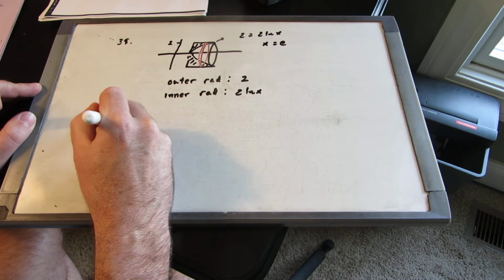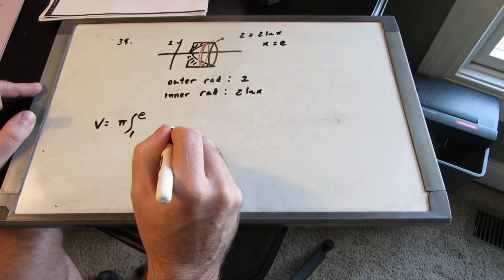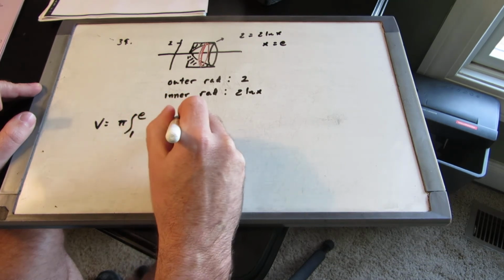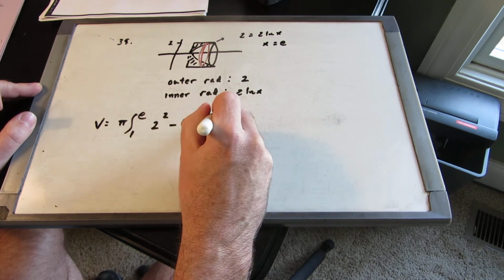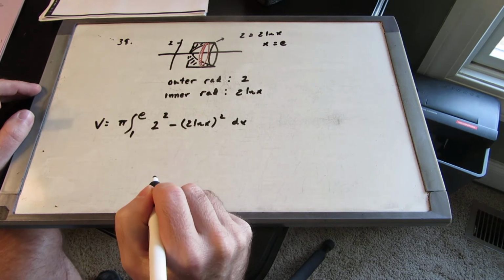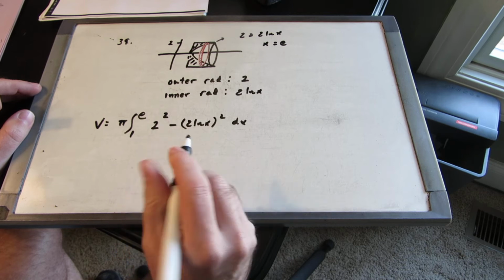So our volume, we're going to have a pi out front and go from 1 to e of the outer radius squared, 2 squared, minus 2 natural log of x, all squared, dx. Okay, and let's look at our options, and that one matches option E.